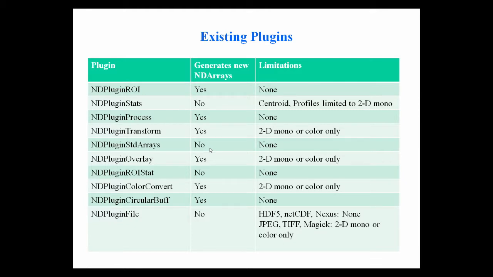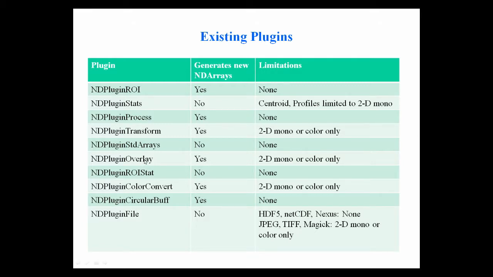It puts the data into one-dimensional arrays, the kind that EPICS knows about with a waveform record, and it doesn't have limitations. It can convert any ND array data type to any EPICS 1D array data type.